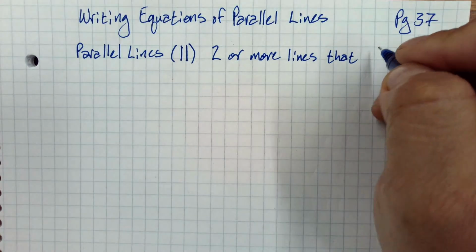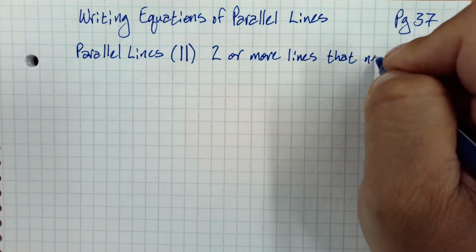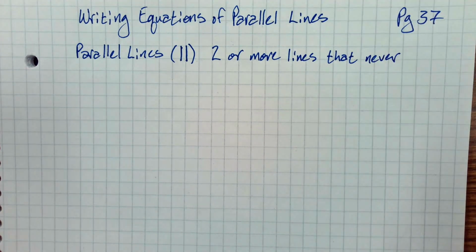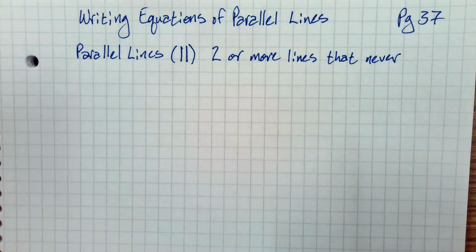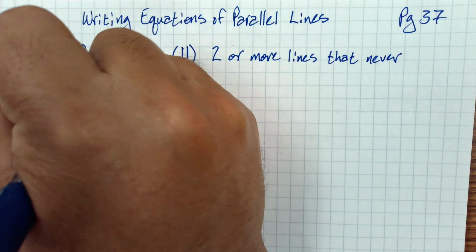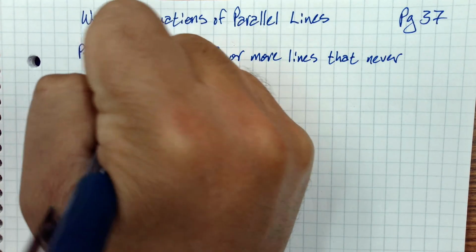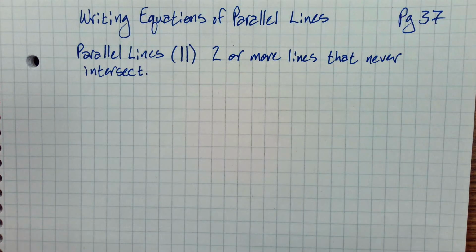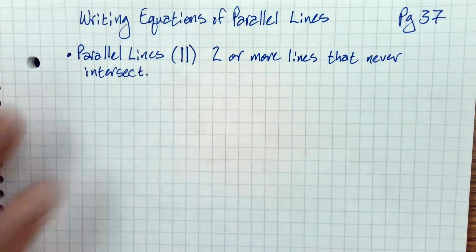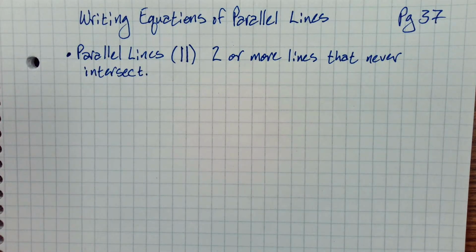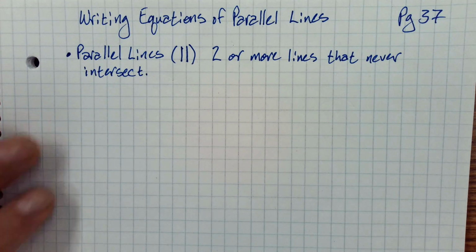Never touch, never meet, never intersect. Ooh, I like that one. Okay, so you get the idea. That's one important fact. Let's write the other important fact that's really going to help us.